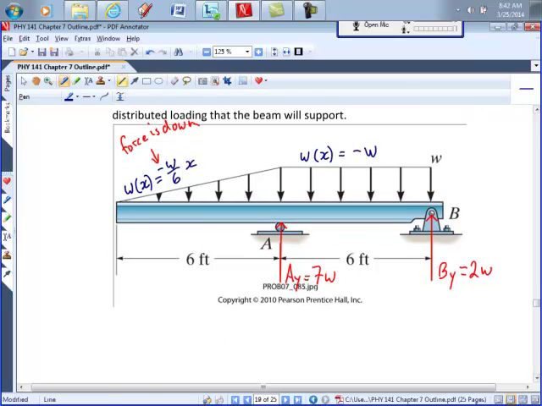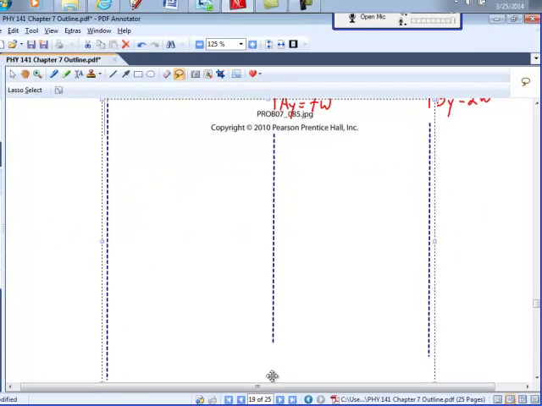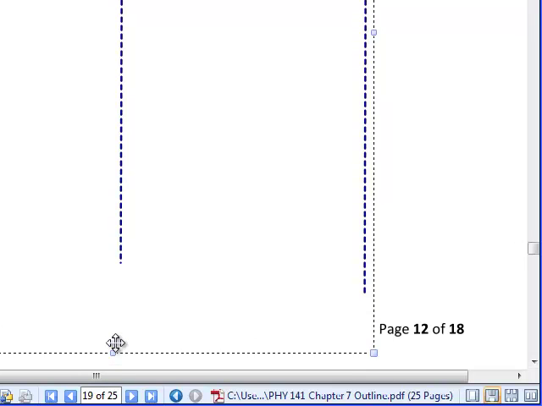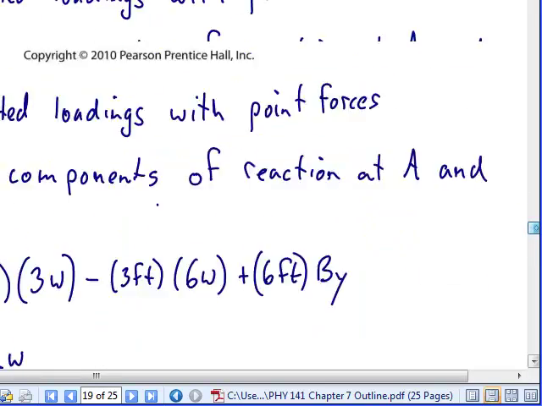So let's go to the shear diagram now. What color were we using for the shear diagram last week?